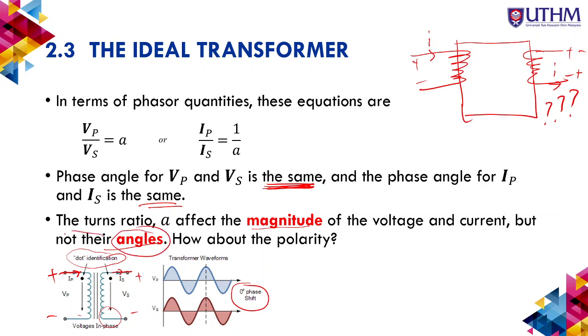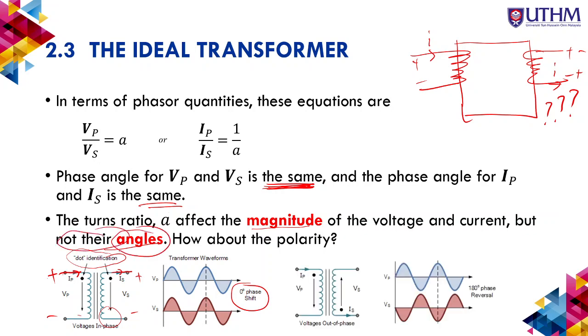I said earlier, not the angle. So what happens when the dot identification is inverse? Same here: this is the primary side, so current goes into it, and here the current will flow out. This is negative, this is negative.